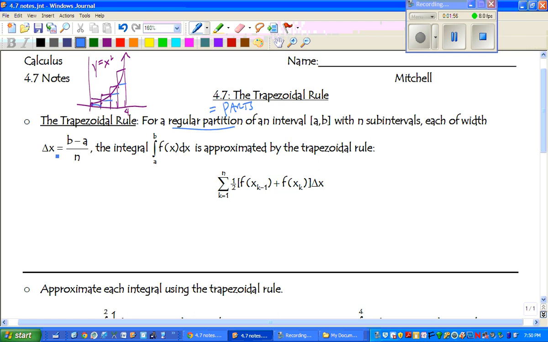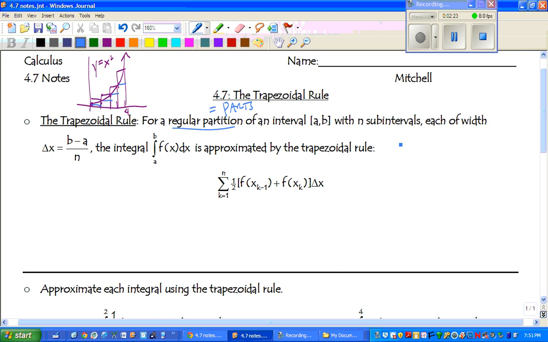That's the regular partition we're talking about. We're taking a whole interval and breaking it up into a certain number of intervals. So if we're trying to approximate the definite integral from a to b of f of x, it's approximated by this rule, which looks kind of crazy, but we'll see that it simplifies a little bit, and there's a shortcut to it.